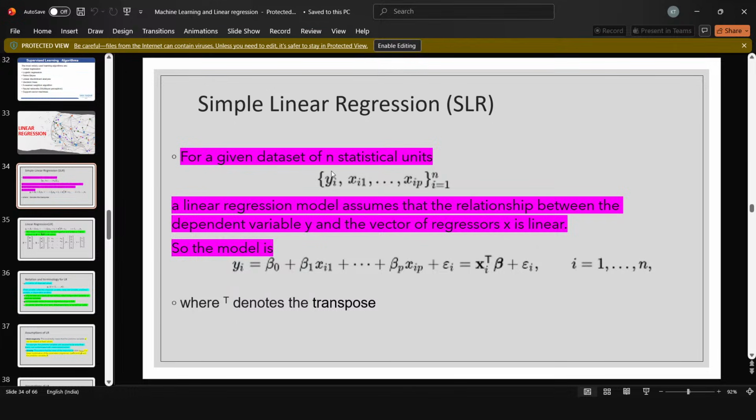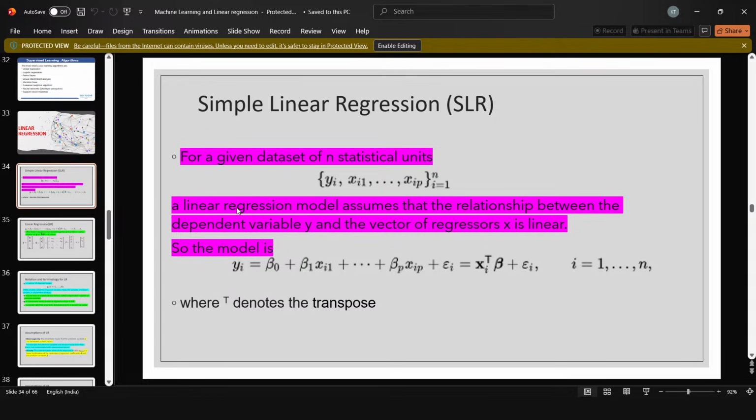So for example, we are given a data set of n statistical units. Let's consider this as the given data set, in the form of yi comma xi1, xi2 etc. until xip.